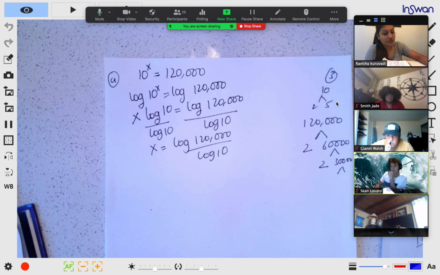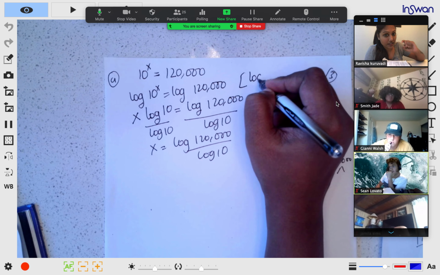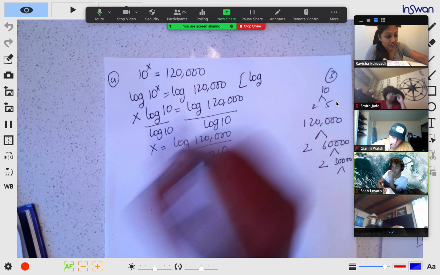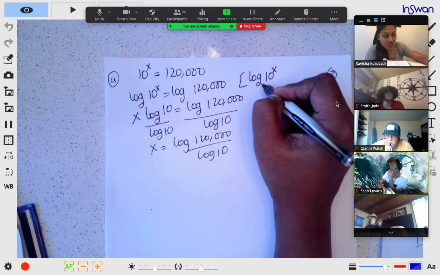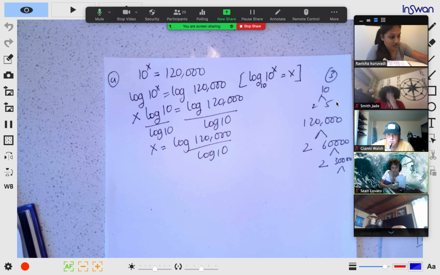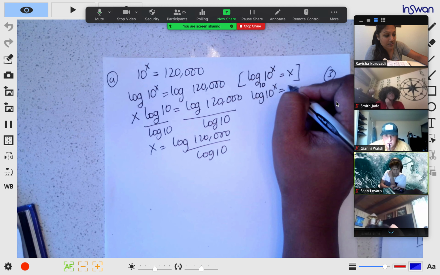So here, if you remember the property, the reason we are taking log and not ln is because if you see log of 10 to the power of x, with the same base, this is directly equal to x. So you don't have to do these steps.